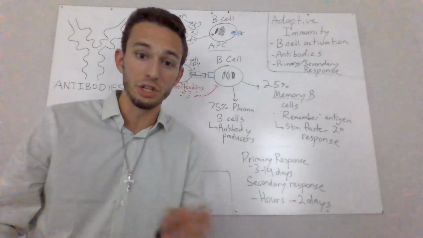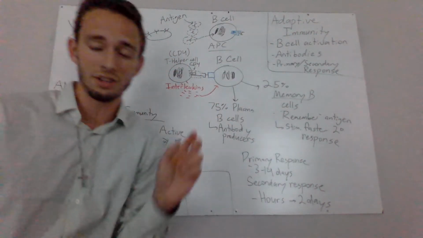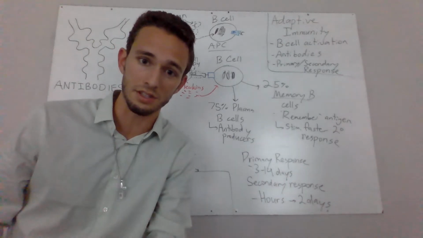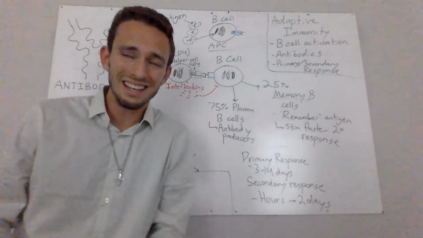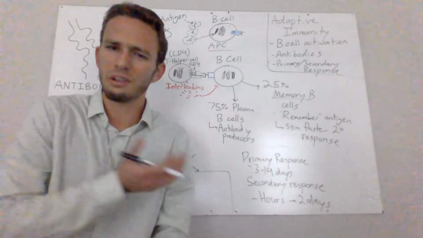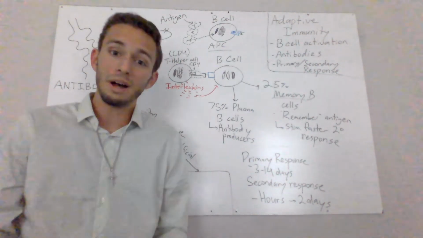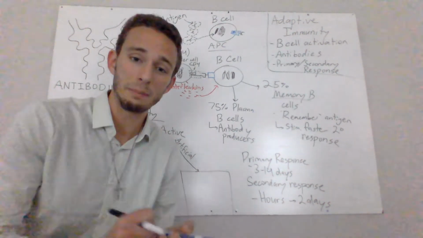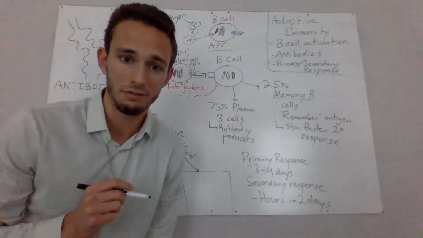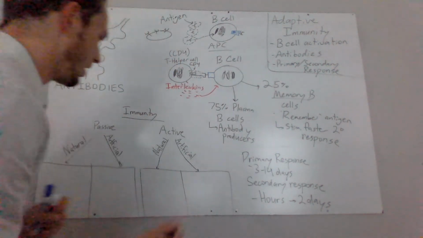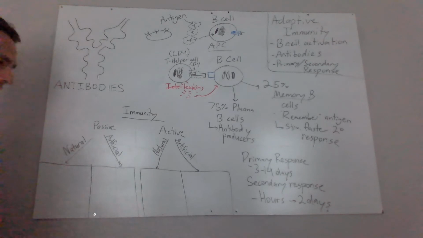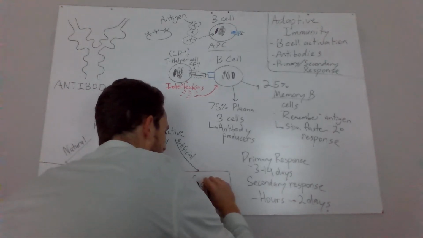The virus isn't going to bother you, but its antigens will get into your system and elicit this immune response. So a vaccine is kind of unnatural. It's an artificially made thing, right? But your body is going to be actively producing the antibodies to fight it off. So this would be considered a type of active artificial immunity, which would be vaccines.